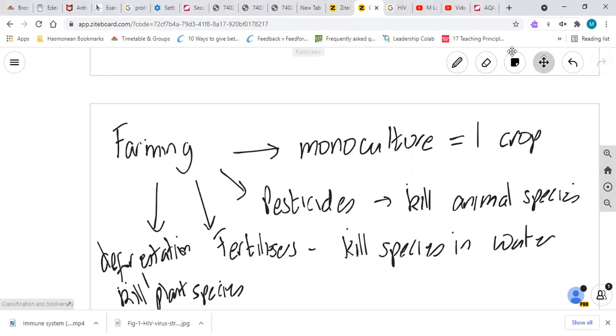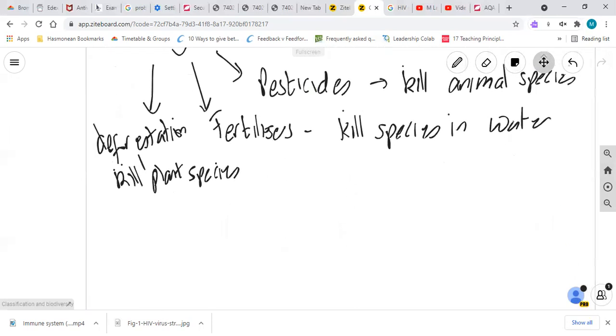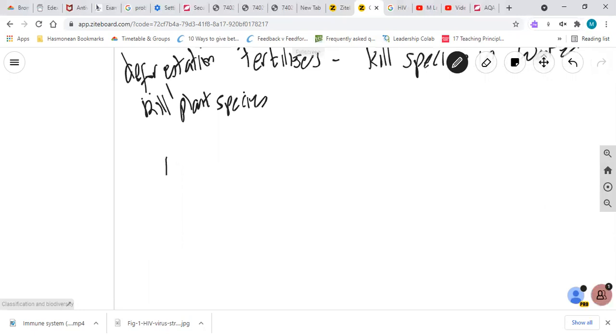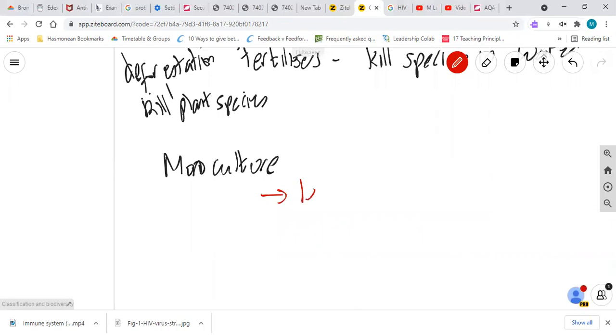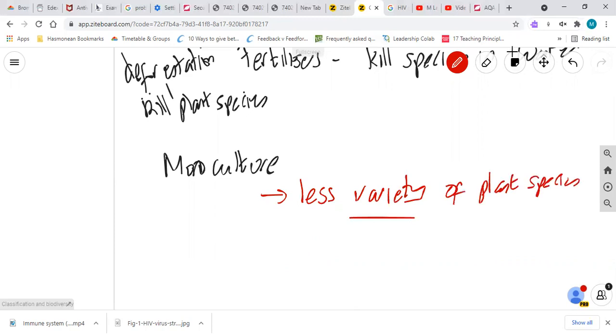Now, in all of these, what I want you to think about is variety. So, for example, let's imagine we have monoculture. Why is that important? Well, that does a couple of things. You've got less variety. Variety is a really important word, of plant species. You will have less variety of habitats because you've only got a monoculture.